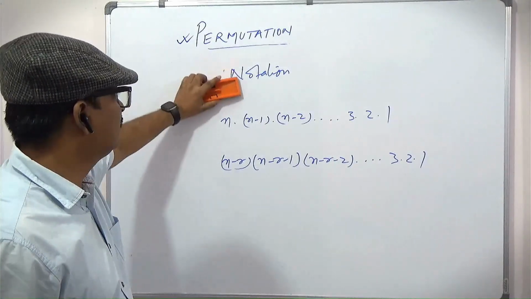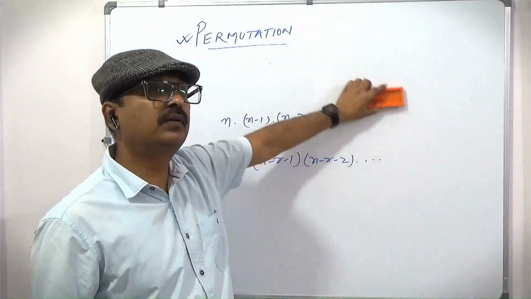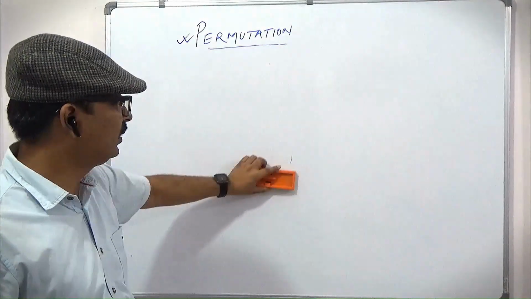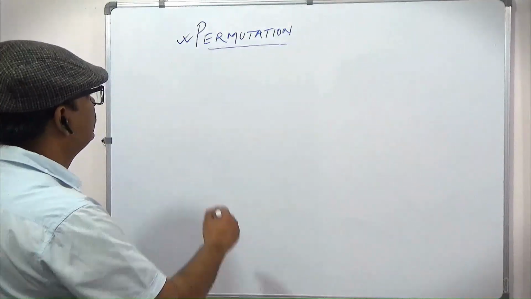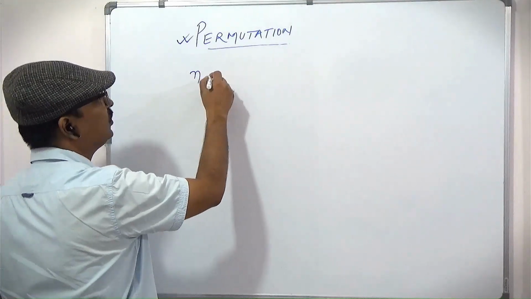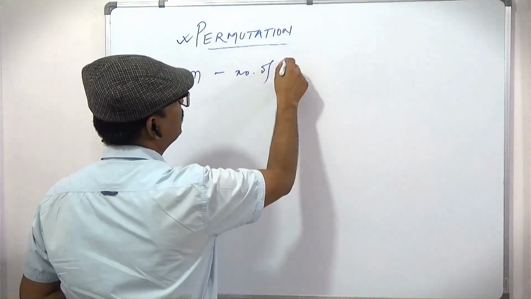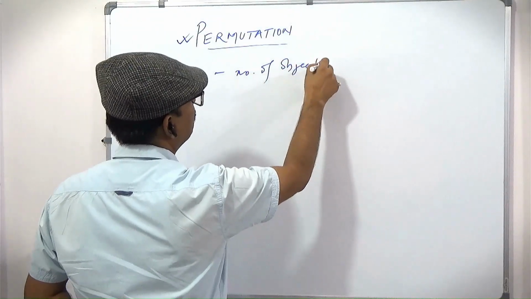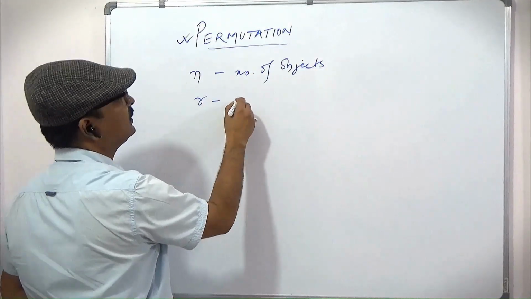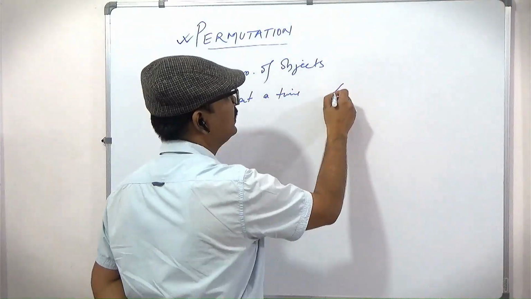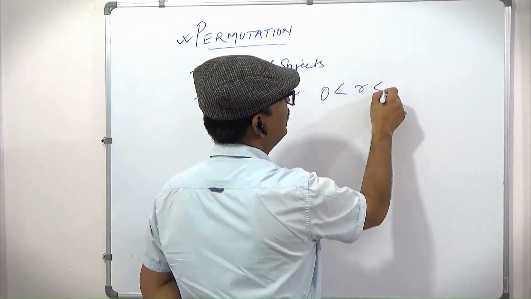But for the time being, we are interested in deriving a formula for nPr. Let's say we have n number of objects taken r at a time, where r is greater than 0 and less than or equal to n.